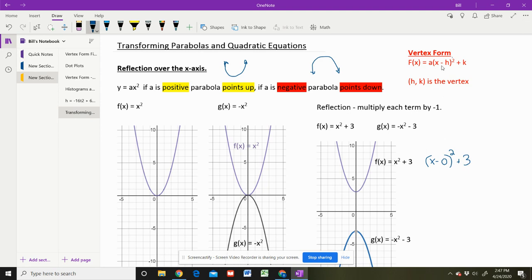The h and the k represent what our vertex is: 0 on our x, 3 on our y, so 0, 3. That's what our initial equation was. In order to do a reflection of that, we multiply each term by the negative.